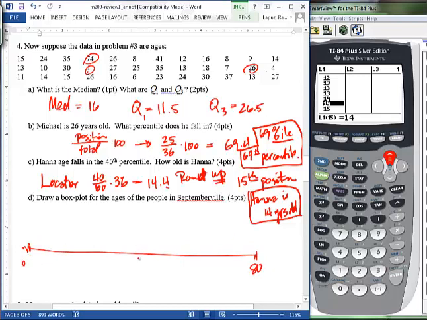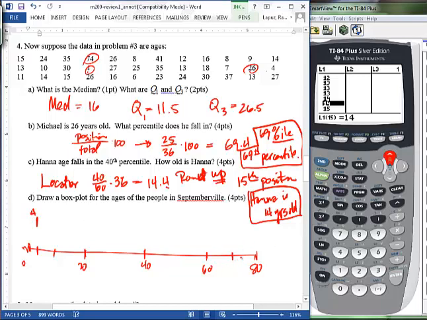Maybe go all the way up to 80, so that we have a semi-accurate plot of the box plot, because it is important to put these measurements where they're supposed to be. So this is 10, we'll say 4 is right here. Right above the number line, I'll mark my minimum, 4.